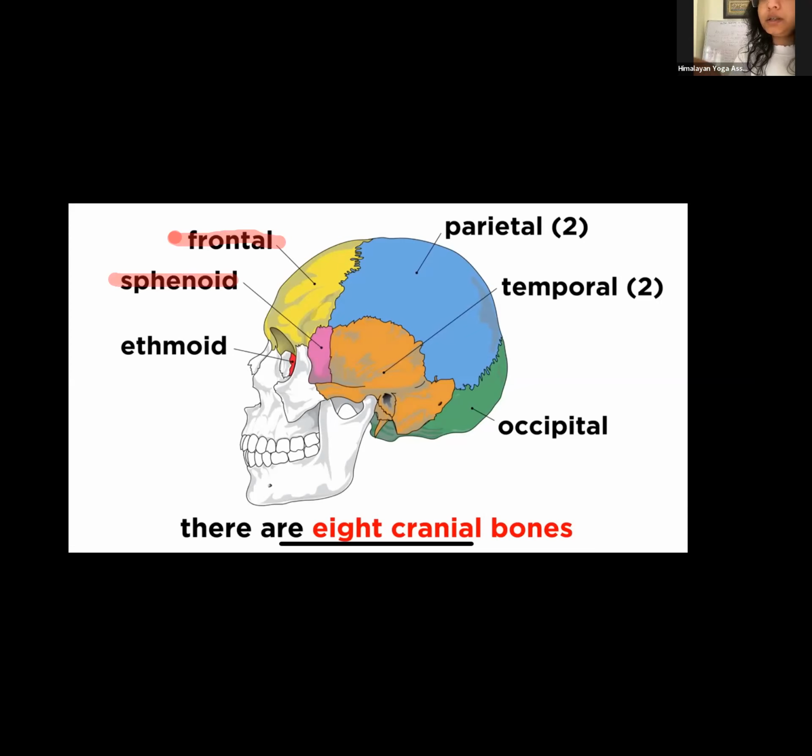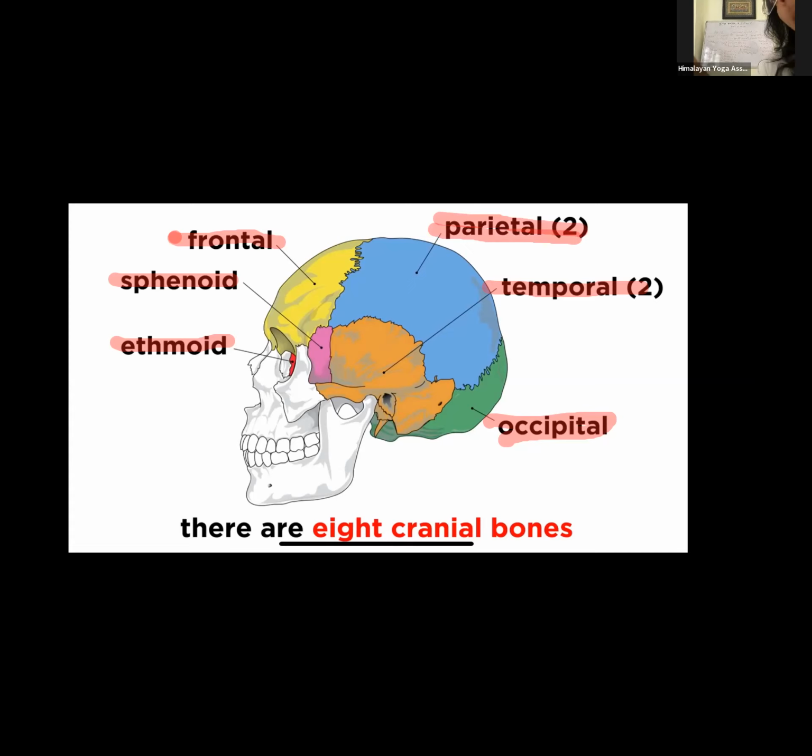Then ethmoid, the small red part. Then occipital, green in color. Then temporal on the sides, just above your ear. And parietal. The top of the head is composed of parietal.